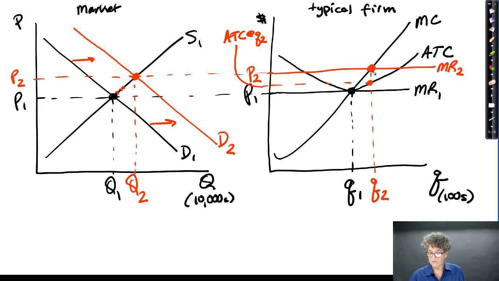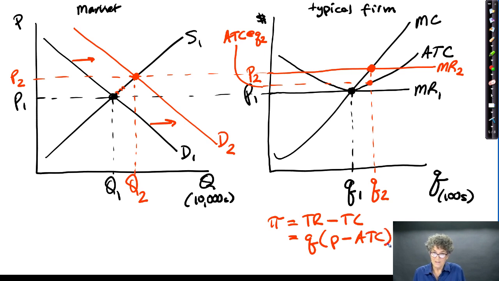The price that the firm is receiving is price P2. We know that profit is the total revenue minus the total costs, which is the same as the quantity times the price minus the average total costs. That should look like the formula for the area of a rectangle. Indeed.